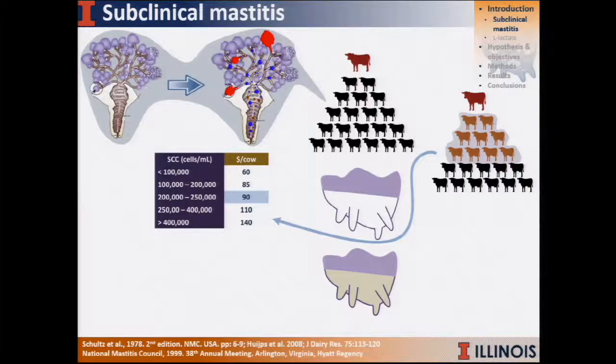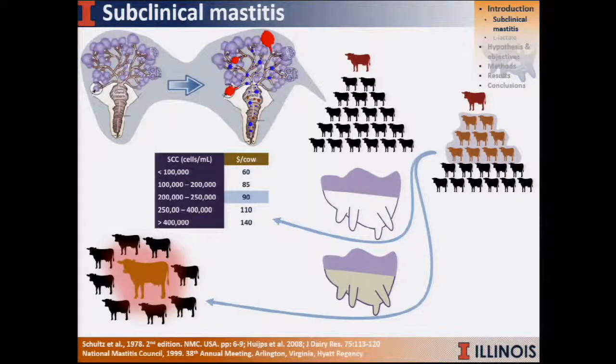Furthermore, the problem of subclinical mastitis does not stop at the level of the cow suffering from it, but this cow acts as a source of infection. It's going to distribute the infection to the healthier cows. So subclinical mastitis is a hidden enemy, and to control it, to treat it, you have to identify it. And this is the biggest aim of our project.